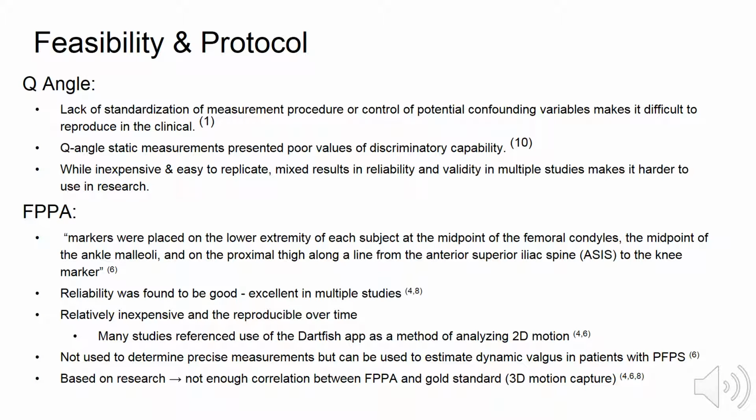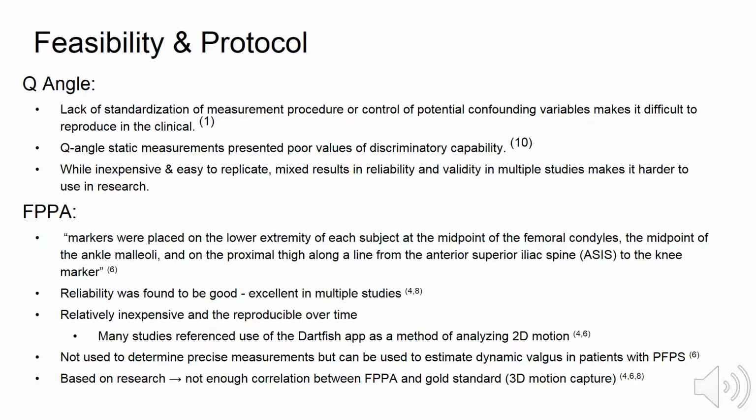In terms of feasibility and protocol, due to a lack of standardization of measurement procedures or control of potential confounding variables, it makes it difficult to reproduce in the clinic. Another study stated that Q-angle static measurements presented poor values of discriminatory capability. While it's inexpensive and easy to replicate, mixed results in reliability and validity in multiple studies makes it harder to use in research and in the clinic.